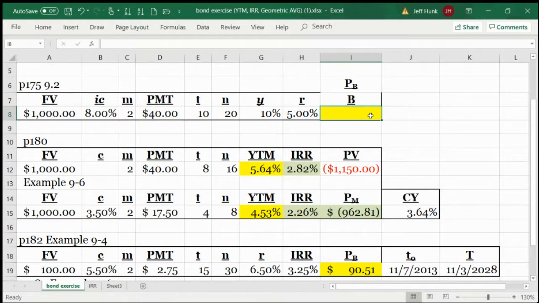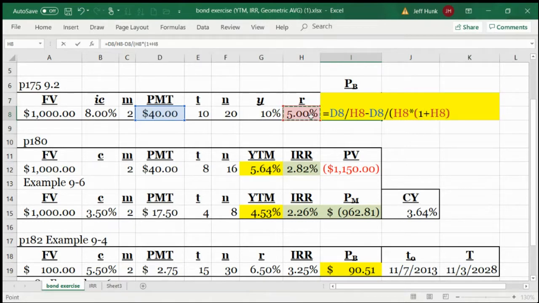And then how do we find the intrinsic value of the bond? So first of all, it's the present value of annuity: payment over R minus payment over R times (1 plus R) raised to N, close parenthesis.